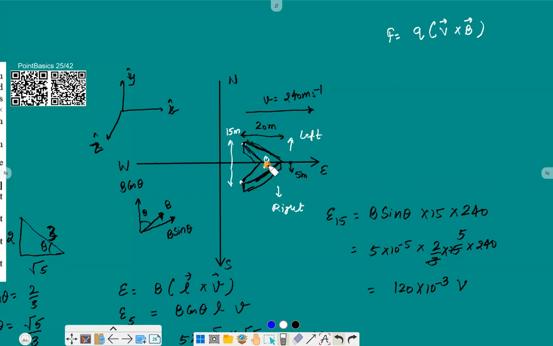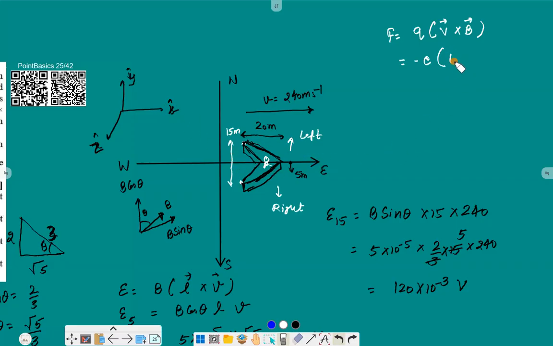So we will find the force on those electrons. Charge of electron is minus e. Their velocity, as all of the electrons are moving with the plane in the x direction, or in the east one, so we are making it the x direction.